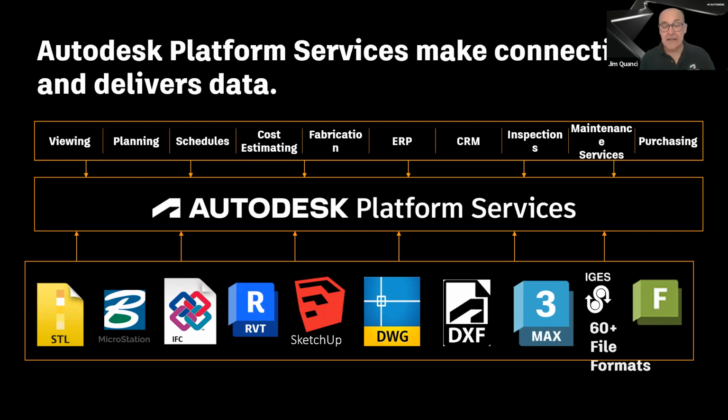Literally, you get data and you get it in the context of a mesh. So if you want to add some visualization on the 3D side or a drawing on the 2D side, that you can put on a web page. So you want to create a single pane of glass, you want to create a web page, whether it's a viewing thing, a planning, scheduling, costing, ERP integration, whatever it happens to be.